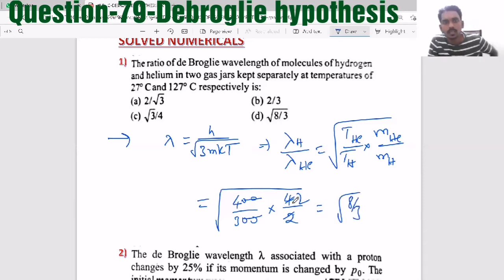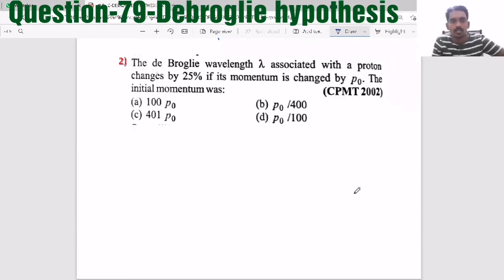So this way you have to understand the question and choose whether the formula should be in terms of temperature, potential difference, kinetic energy or linear momentum. Now, similarly, one more question: the de Broglie wavelength lambda associated with a proton changes by 25% if its momentum is changed by P naught. What is the initial momentum?